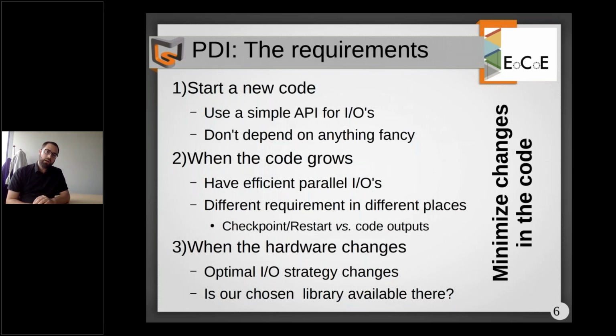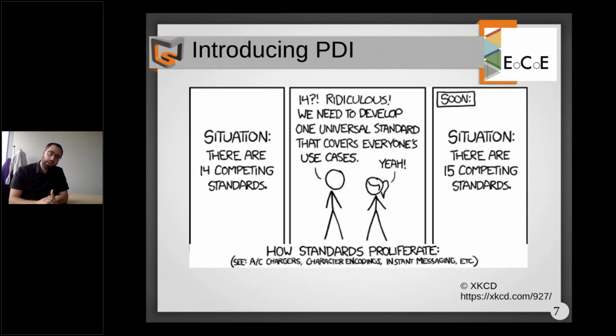So the goal in our case, the goal of the PDI approach, is to minimize the change required in the code along the evolution of such a development, and in order to be able to keep one version of the code, even with different libraries, with different requirements coming from different parts of the code, or from different status of the development lifecycle.